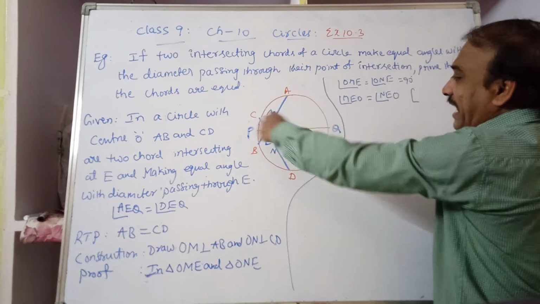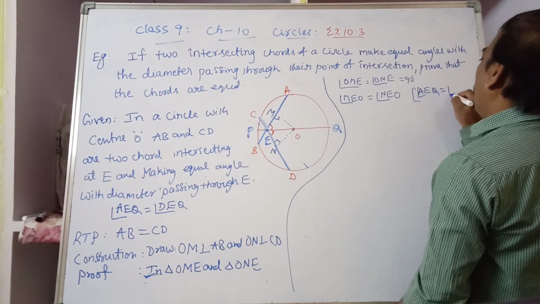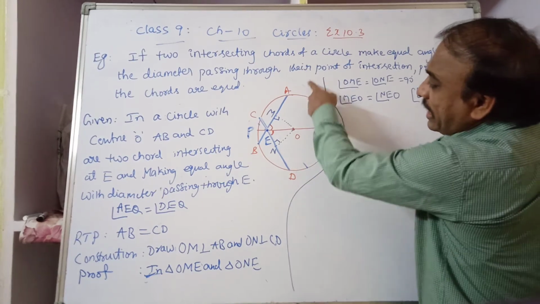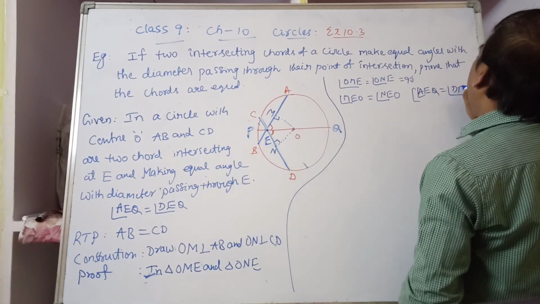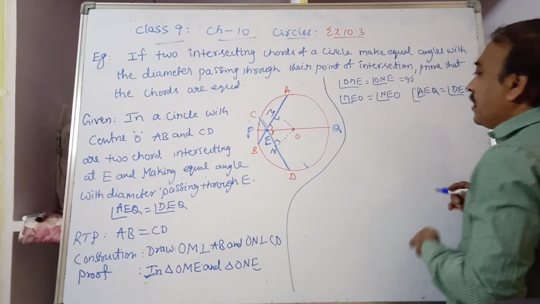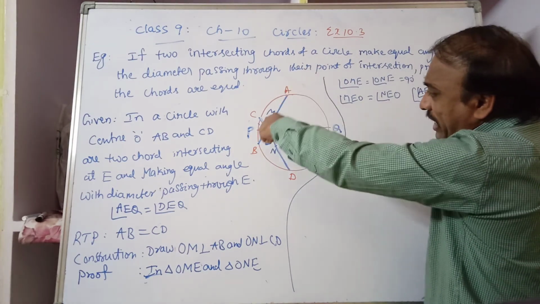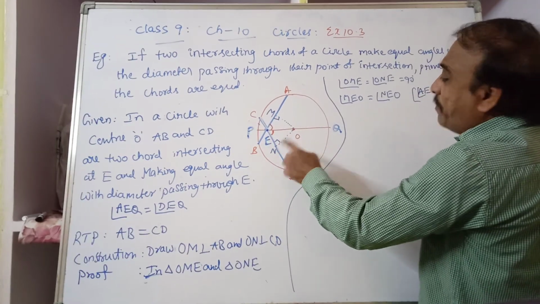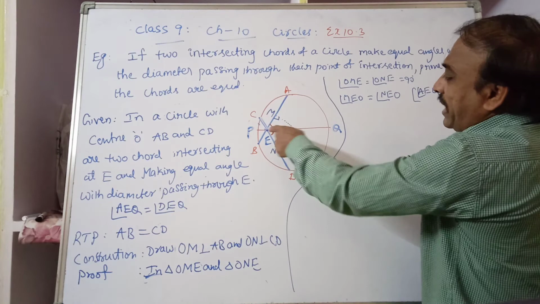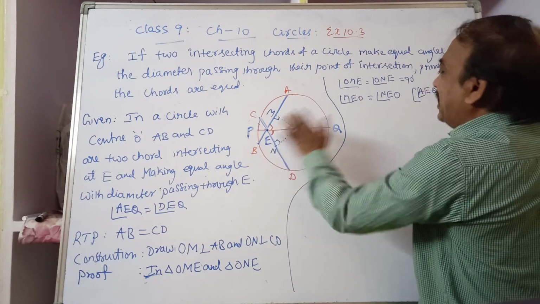Because angle AEQ is equal to angle DEQ. Reason: these are the points. M is a point on AE and N is a point on DE. That's why we are taking angle MEO equal to angle NEO. This angle and this angle.